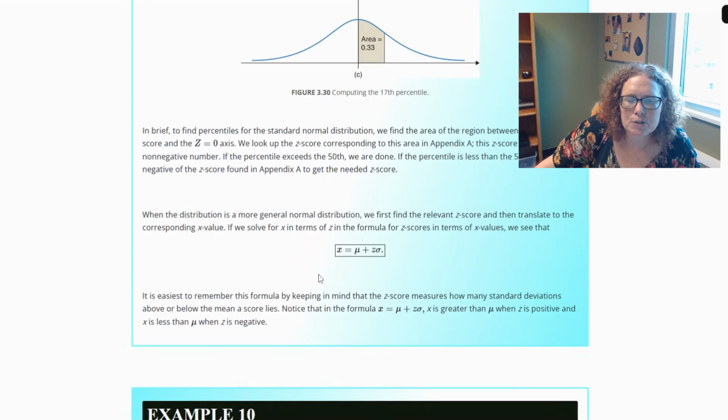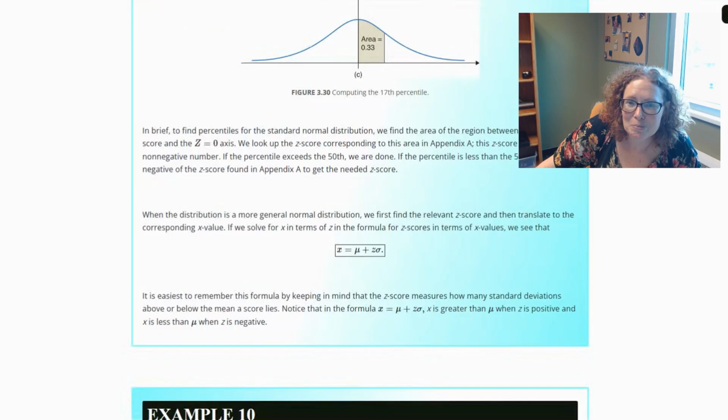So here's another formula that you can use. X is equal to the mean plus z times the standard deviation. What we see when we have these graphs is that x is greater than the mean when z is positive, and x is less than the mean when z is negative.